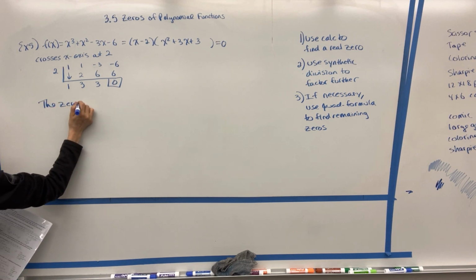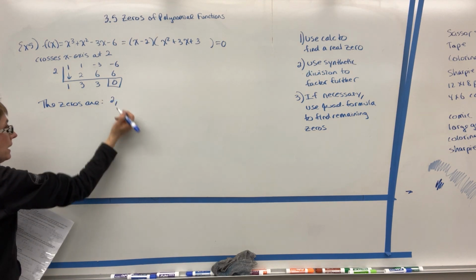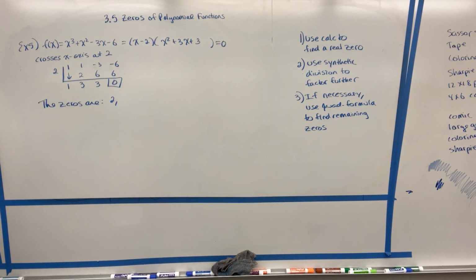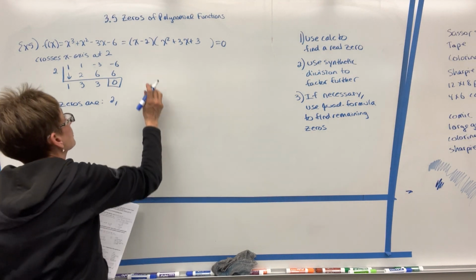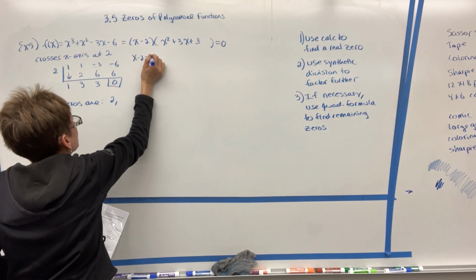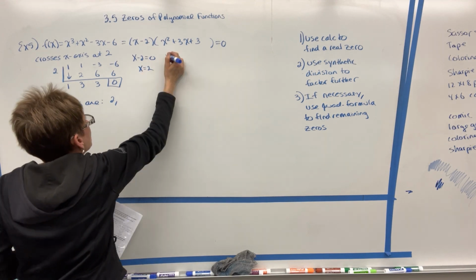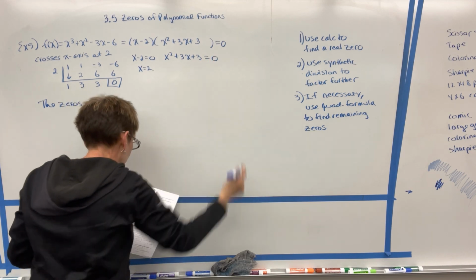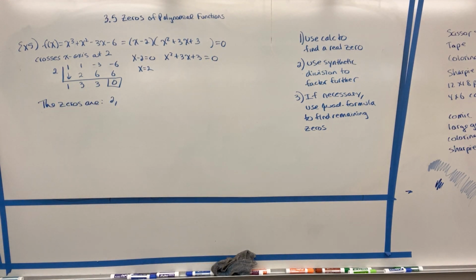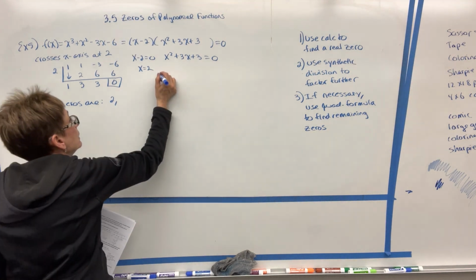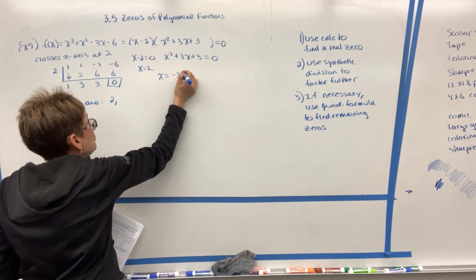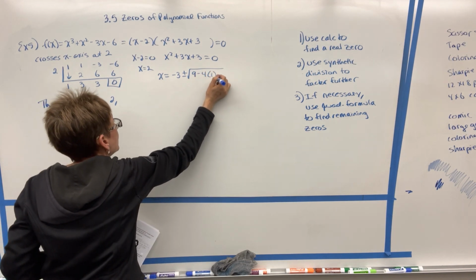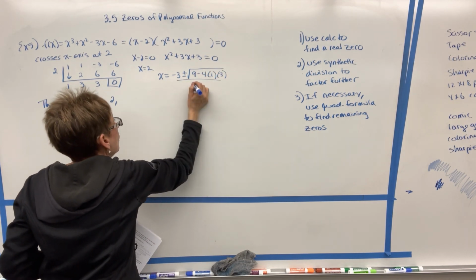So the zeros are 2, and now we need to find what we think is going to be 2 more. This is a third degree polynomial, so most likely it has 3 zeros. When we set x minus 2 equal to 0, we get the zero we already know about. Then when we set x squared plus 3x plus 3 equal to 0, we can use the quadratic formula to find the other 2. So x is going to be negative b plus or minus the square root of b squared minus 4 times a times c, all over 2a.